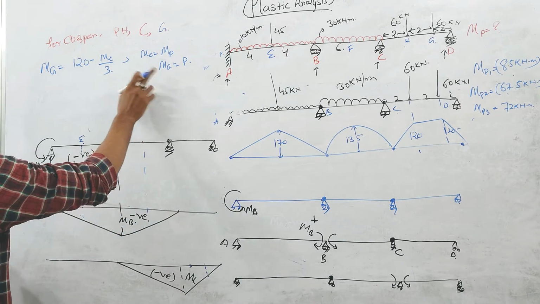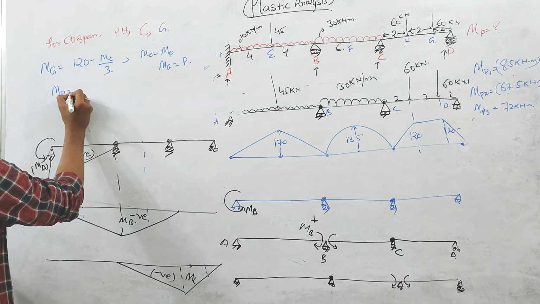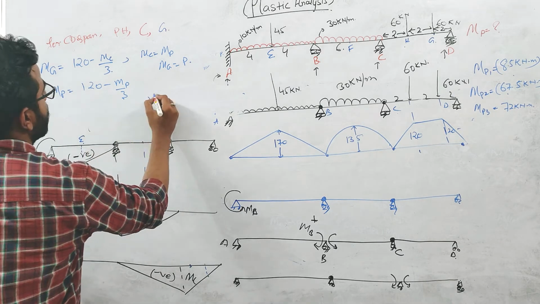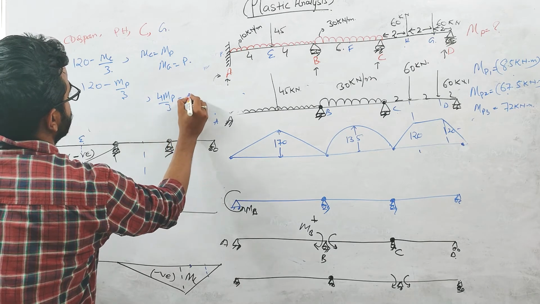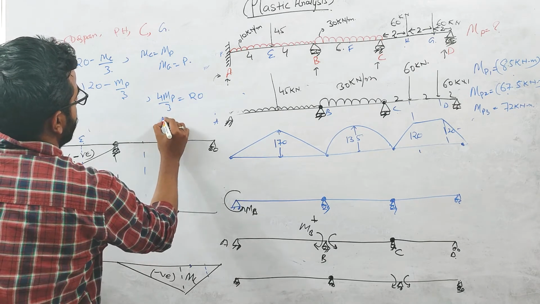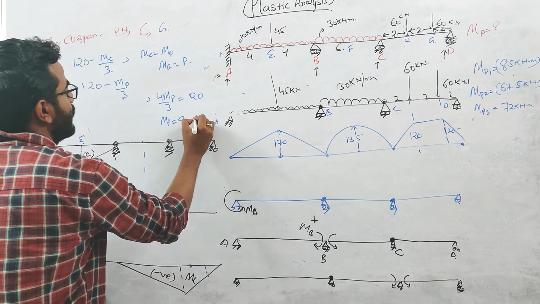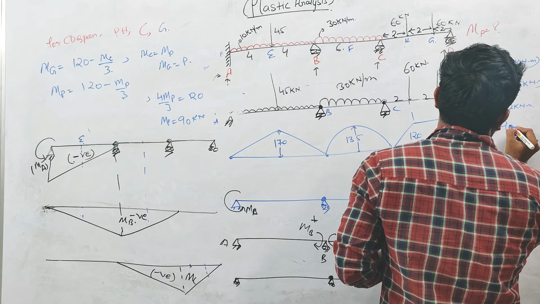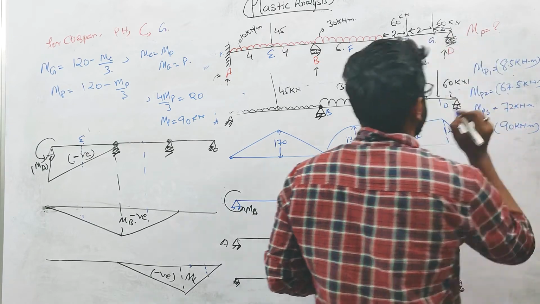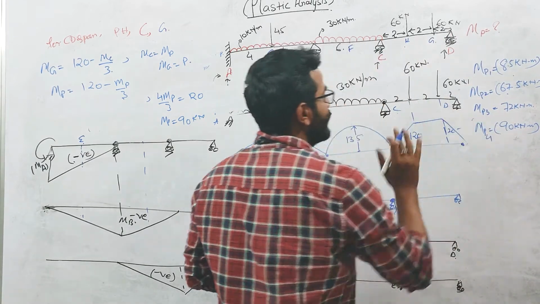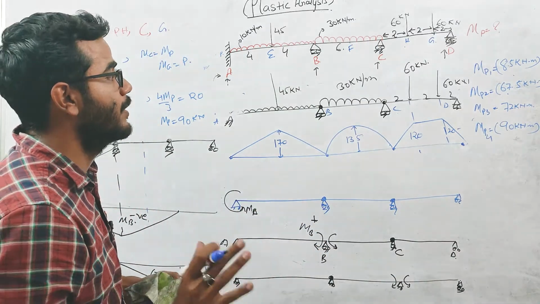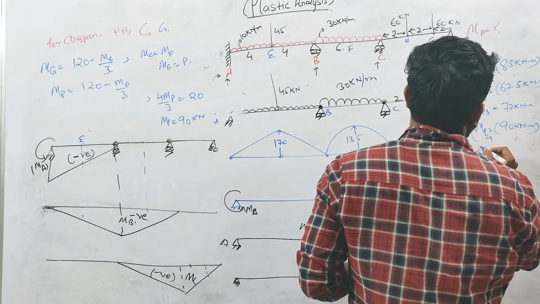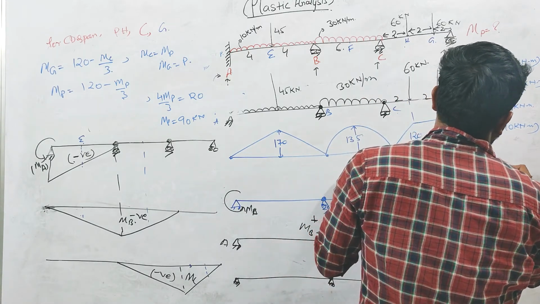So MP equals 120 minus MP by 3. So 4 MP by 3 equals 120, and MP comes out to be 90 kilonewton meter. So you can see that the MP value comes out to be 90 kilonewton meter. MP4. So the critical bending moment, the design moment, will be 90 kilonewton meter. And this is when we are considering partial collapse.